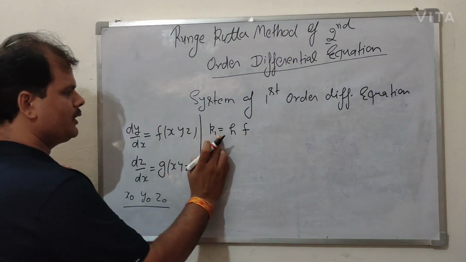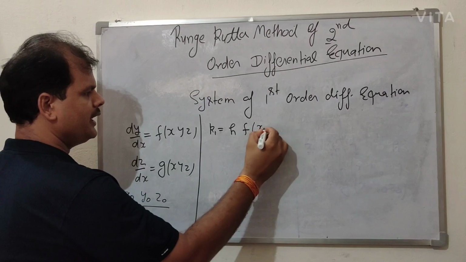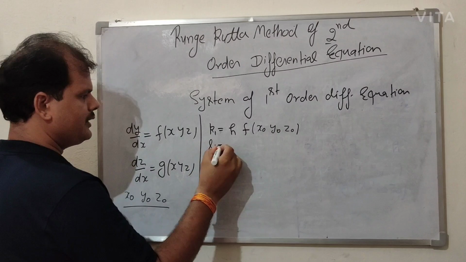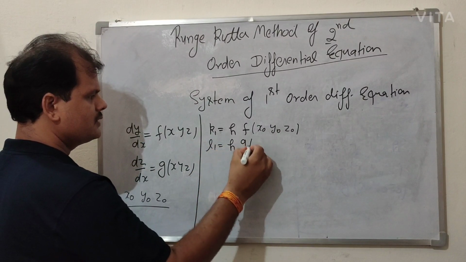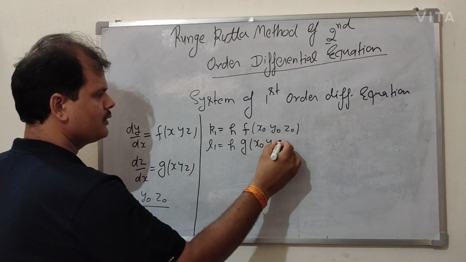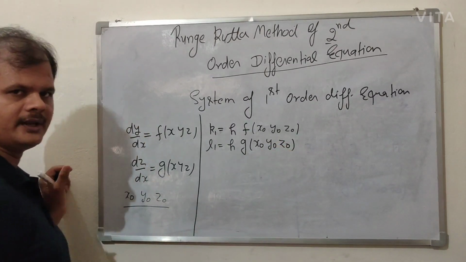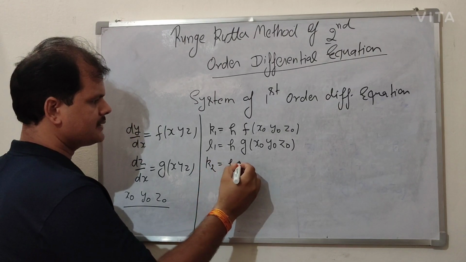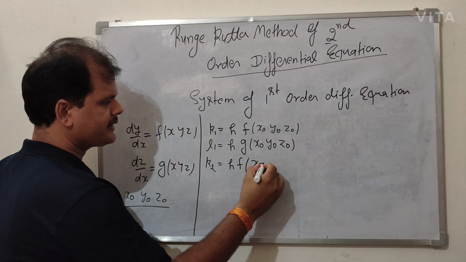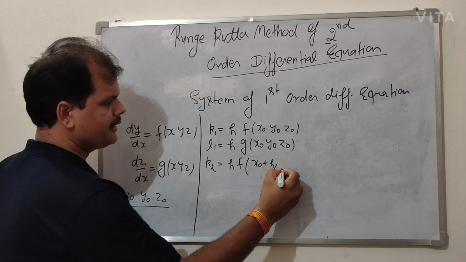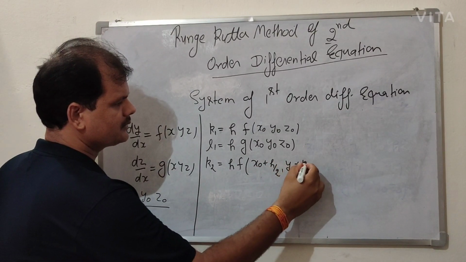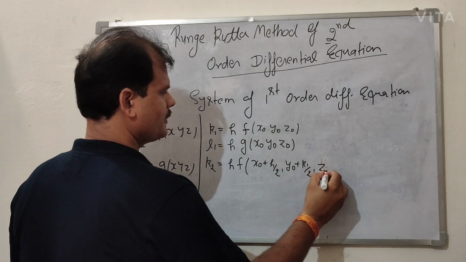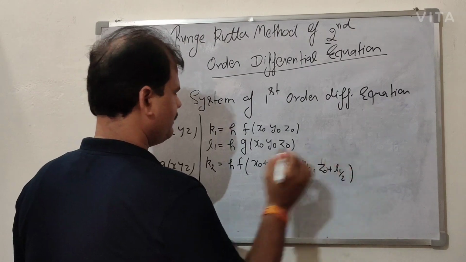Then k1 equal to h into f of x0, y0, z0, and L1 equal to h into g of x0, y0, z0. Now k2 equal to h f of x0 plus h by 2, y0 plus k1 by 2 and z0 plus L1 by 2.